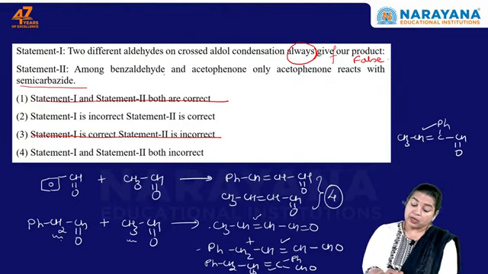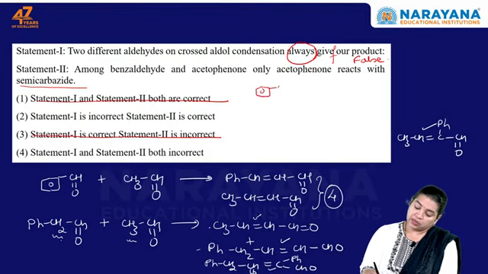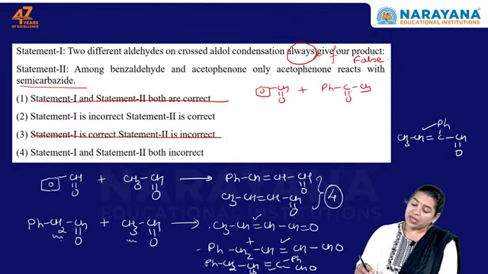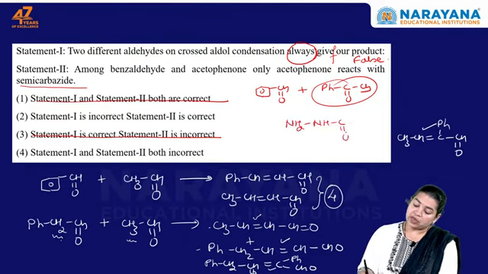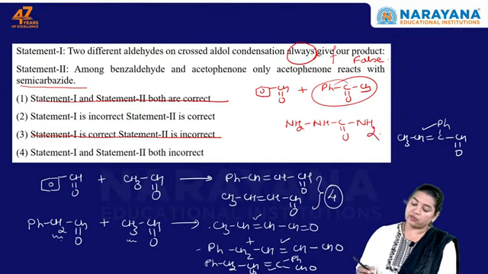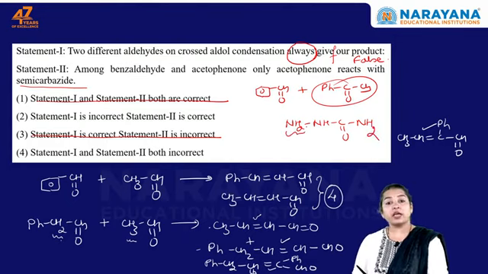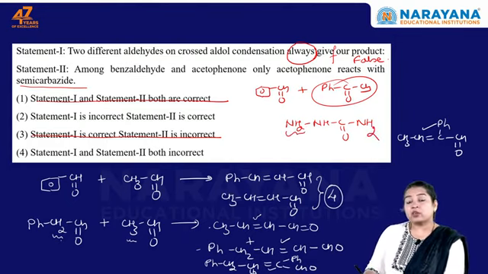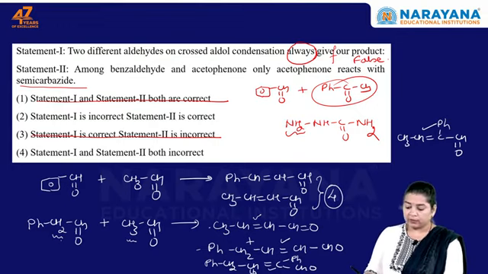Coming to the next, among benzaldehyde and acetophenone. Now, benzaldehyde, PhCHO, and acetophenone, it means PhCOCH3. Only acetophenone reacts with semicarbazide. All of you must be remembering what semicarbazide is. This is what they are referring to. It is a reaction of addition of aldehydes and ketones with ammonia and its derivatives.